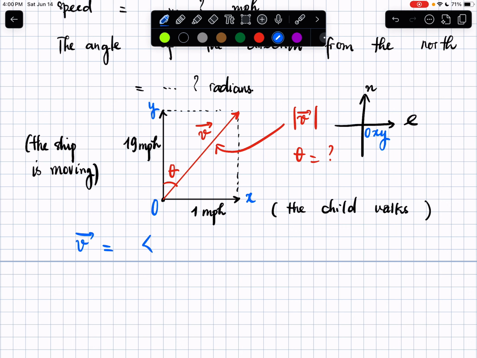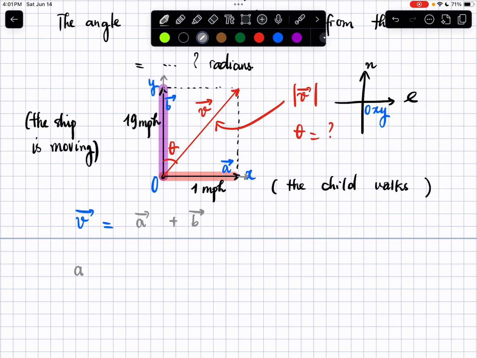The first vector, let me call it A. The second one, call it B. Here's Y, here's X. And vector A, this vector, vector B, and this vector. V is the sum of vector A plus vector B.